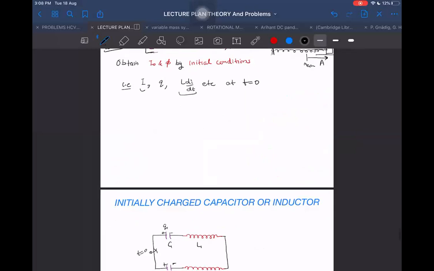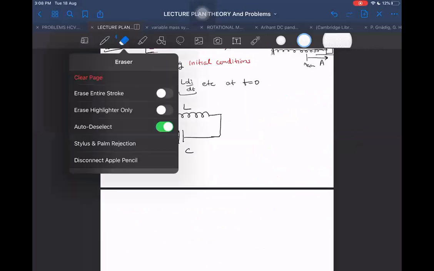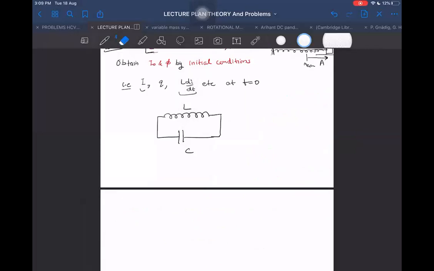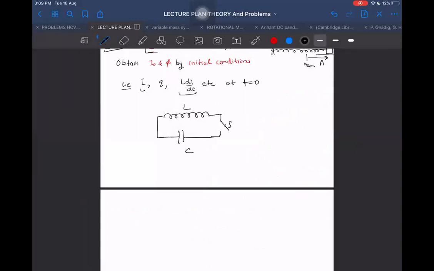But if I want to take that case where there is no battery, just capacitor and inductor, then what happens in such cases? There was just a switch here in the beginning, and then the switch was closed at t equal to 0.